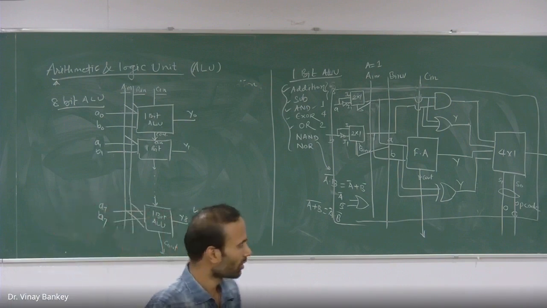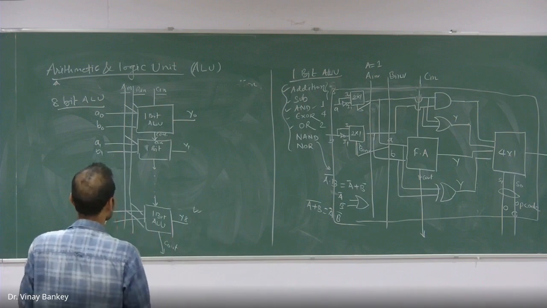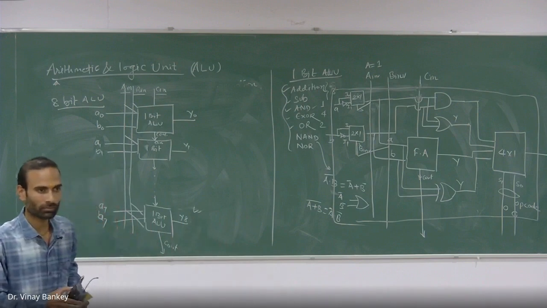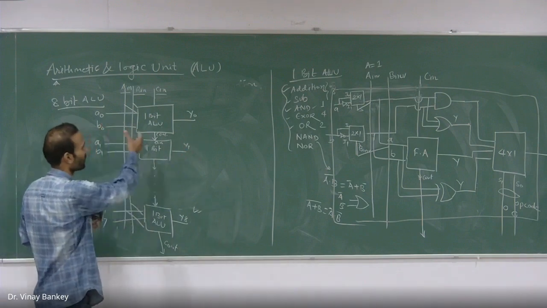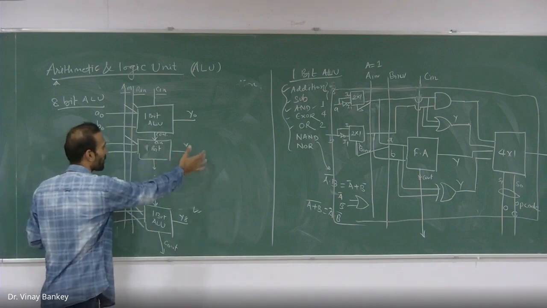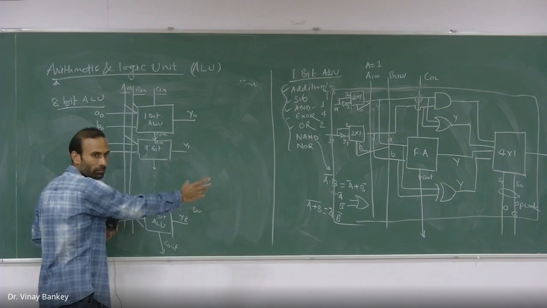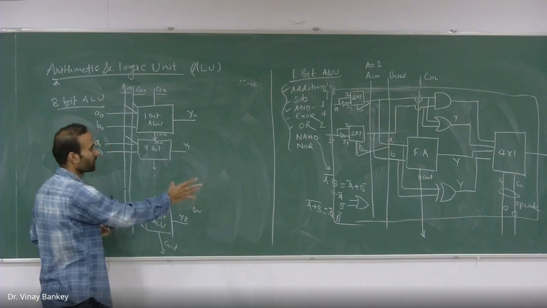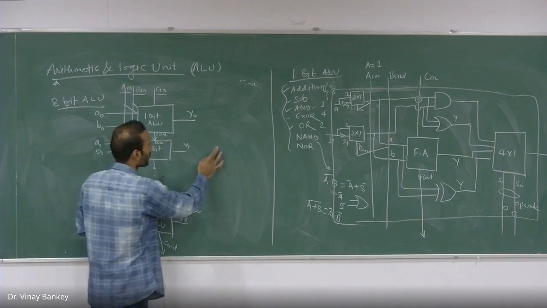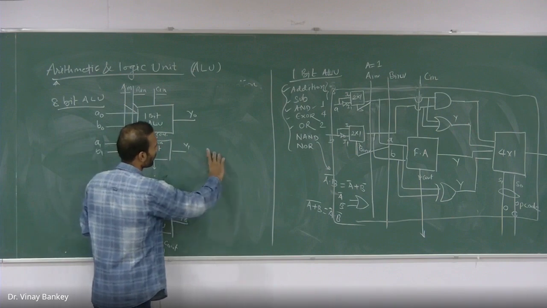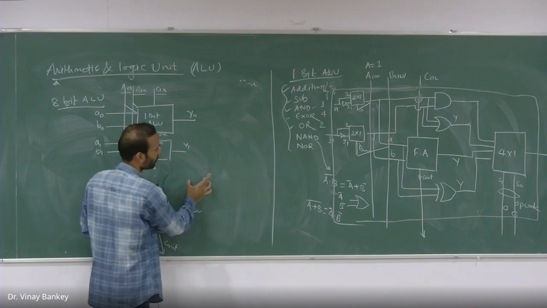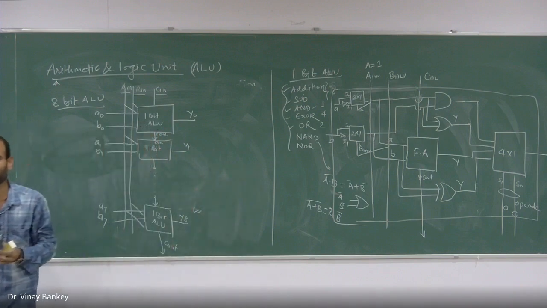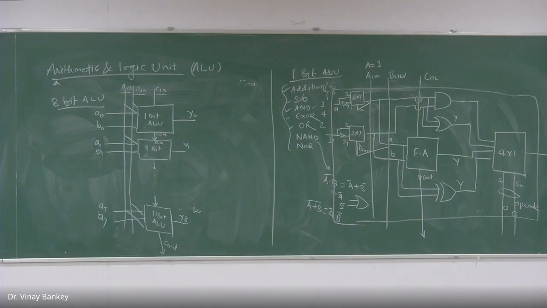You cannot put one ALU in hold mode. Let's suppose you want addition of 8 bits. There will be 8 bits of A and 8 bits of B, two variables. For addition, you cannot put the middle bits on hold. I cannot say I don't want to add this and this, I want only these 3 and these 2 bits. This will not work. Did you get it?